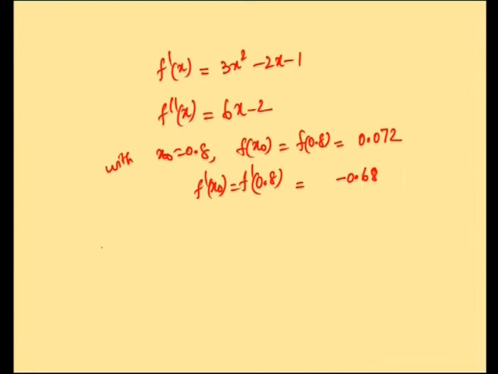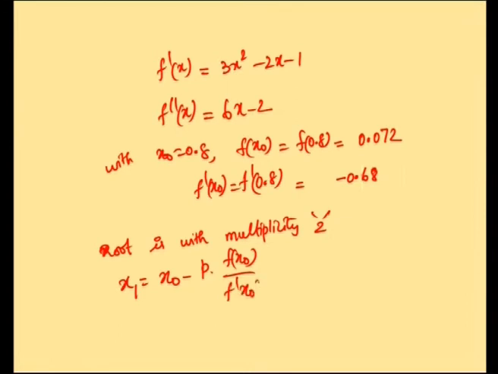As discussed, the root here has multiplicity p, because we are asked to find the double root with multiplicity 2, so p is equal to 2. So, we can have x1 equal to x naught minus p into f of x naught divided by f dash of x naught, and at the same time x1 equal to x naught minus p minus 1 into f dash of x naught divided by f double dash of x naught will be the same.